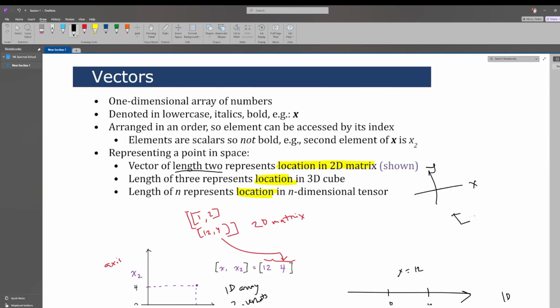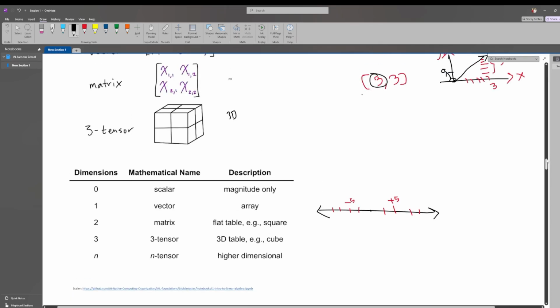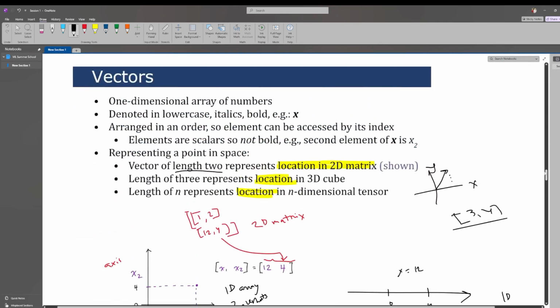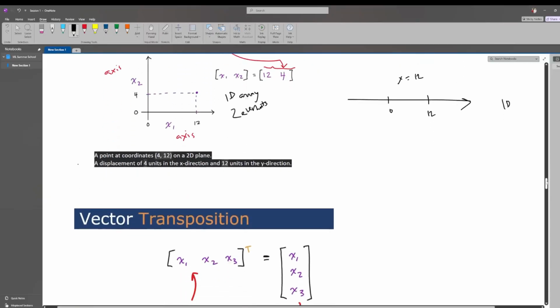We represent the vector as values, maybe 3 4 or whatever. So it's basically a one-dimensional array with some numbers in it. Now this vector can be in different shapes, and that is what is important here.